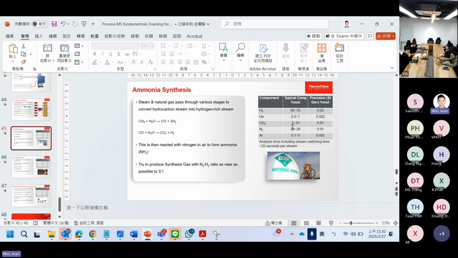But in some cases, the customer needs to tell us their desired parameters or components they want to measure, because we need to do a study to make sure there's no interference that causes a difference in our concentration readings.